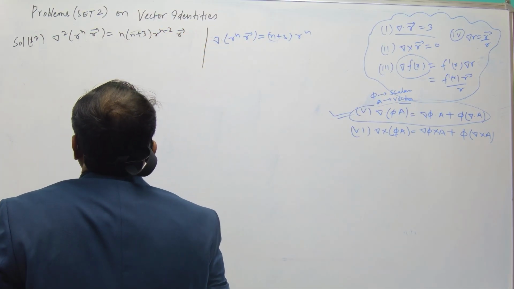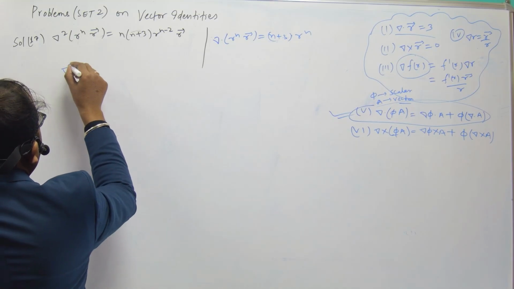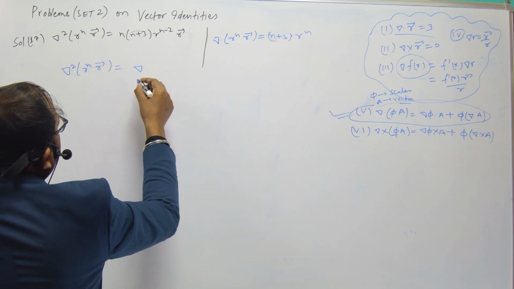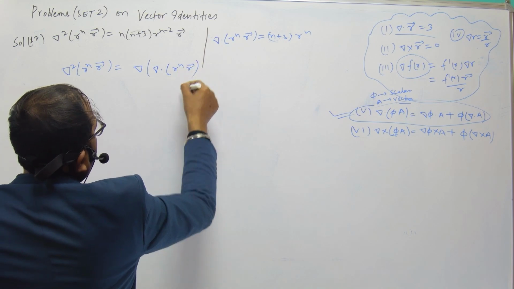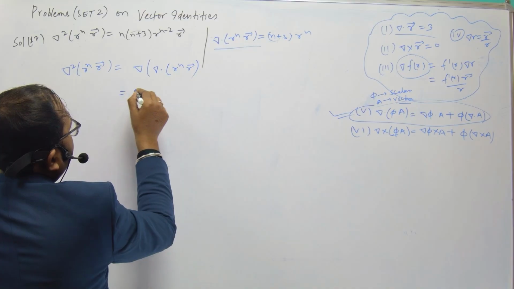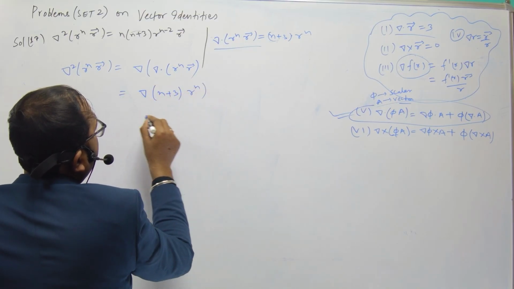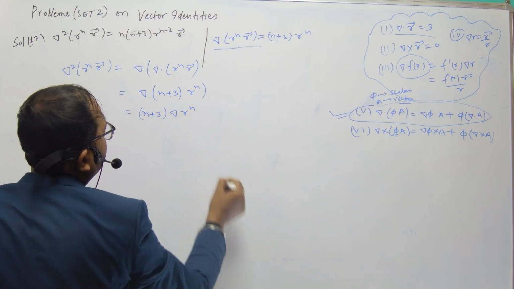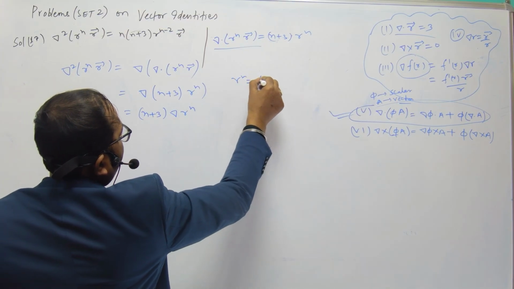Okay, so we can write del square r^n r vector equal to del times of del dot r^n r vector. So we have this as del times of r^n r vector, the gradient of (n+3) r^n, equal to (n+3) times del of r^n. Let us take r^n as a function of r.